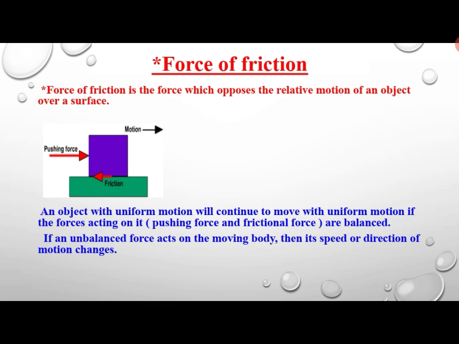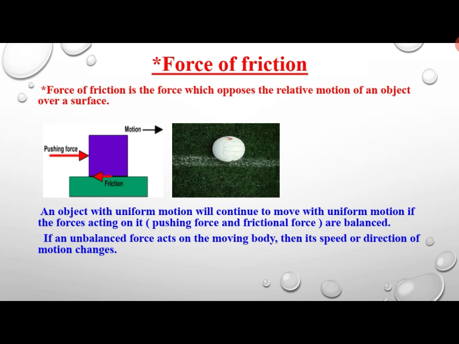So let us consider an example: a ball is rolling on the ground and it gradually slows down and comes to a stop due to the force of friction. So the force of friction comes into play when the ball is rolling over the ground. Now this force of friction opposes the motion of the ball on the ground.